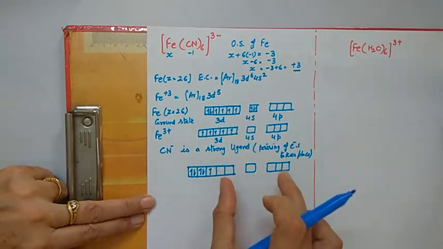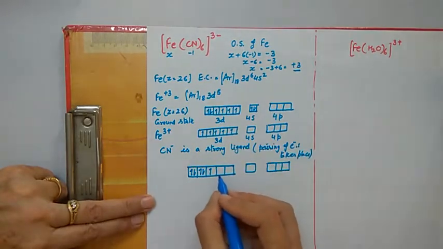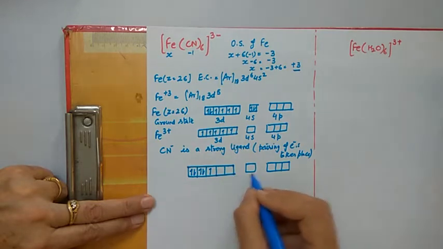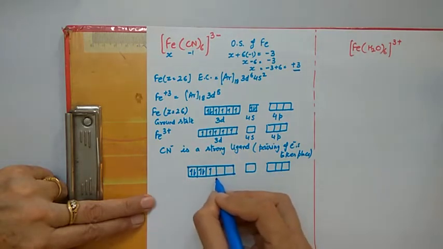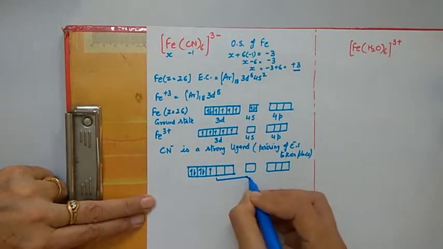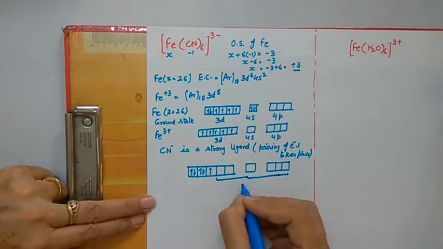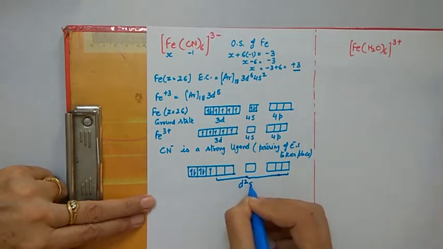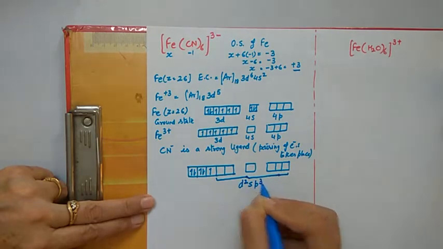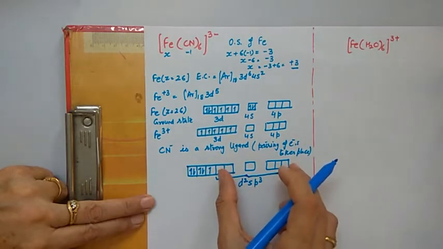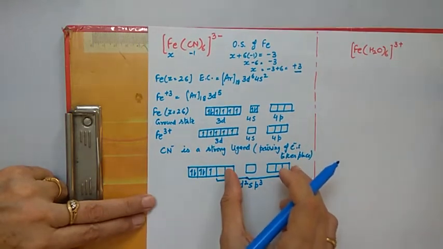Now after pairing, as the number of ligands is 6, we need 6 orbitals so that 6 ligands can donate their electrons to 6 vacant orbitals. After pairing, these d orbitals have been emptied, along with s and p, so what will be the hybridization? That is d2sp3. We need 6 orbitals, so d2sp3. These 6 orbitals hybridize.